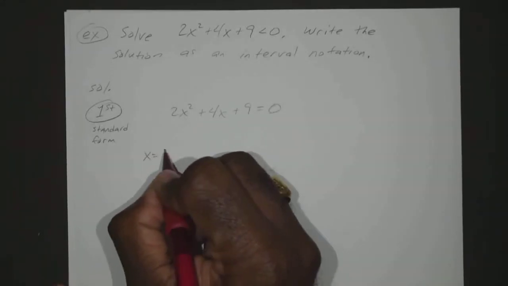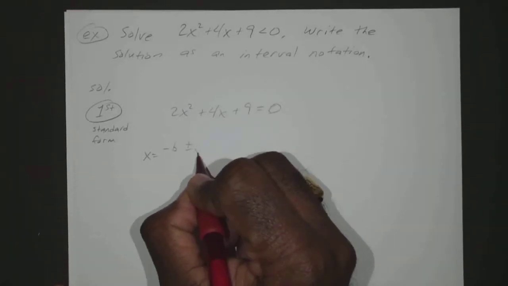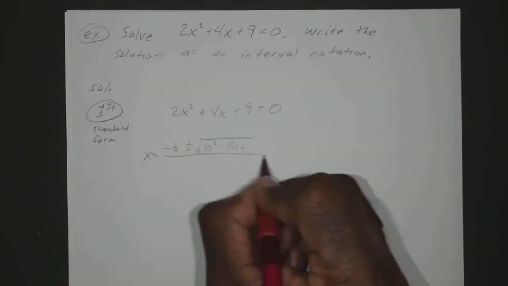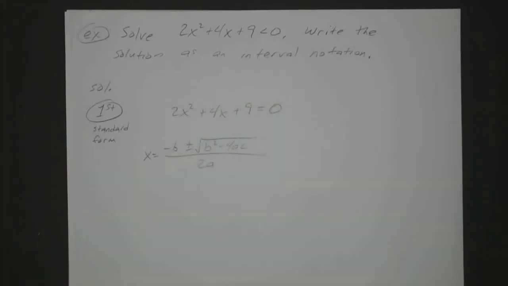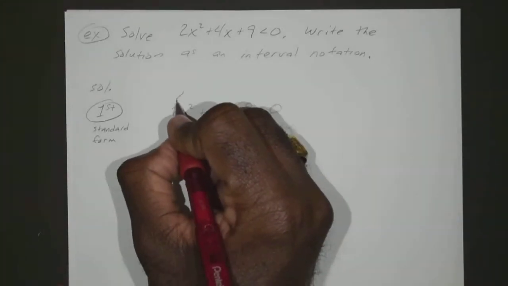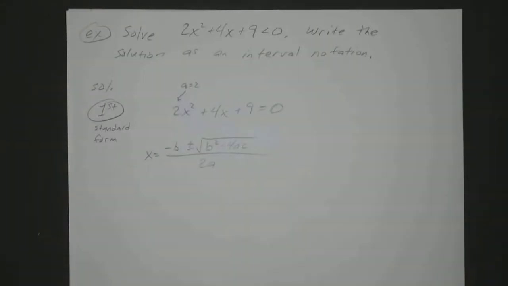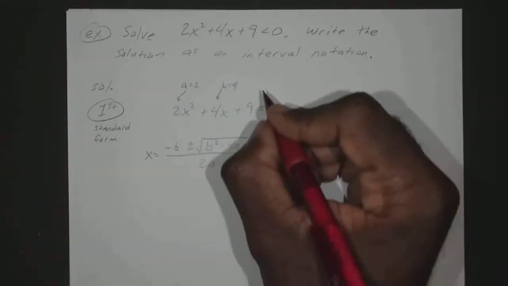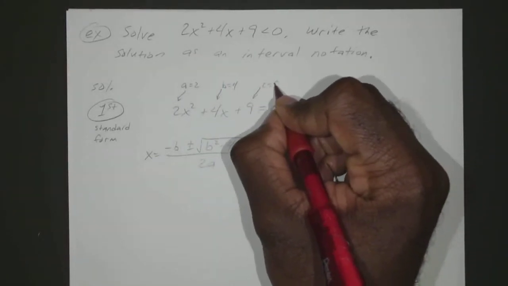So you have x equals negative b plus or minus the square root of b squared minus 4ac, all over 2a. We know that here, your a is equal to 2, your b is equal to 4, and your c is 9.